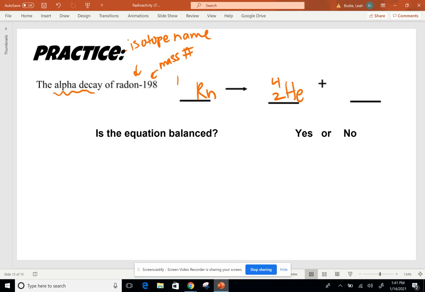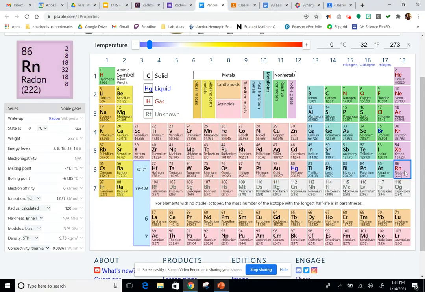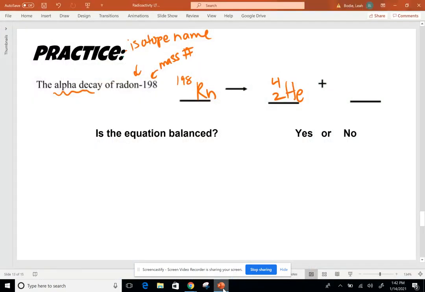Our mass number is 198. So what I can do is I can just go ahead, come to my periodic table, look for radon here, and I see it has an atomic number of 86. Perfect. There we go. So now I can go ahead and finish this alpha decay.